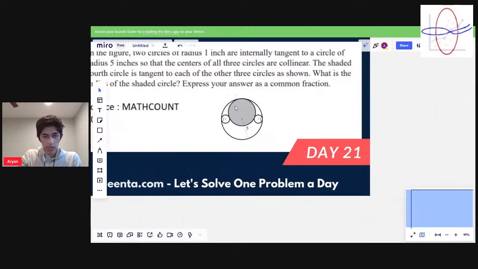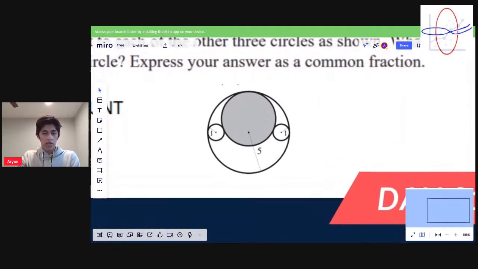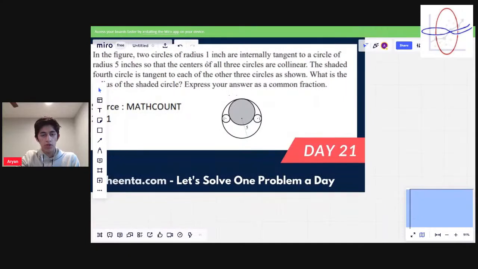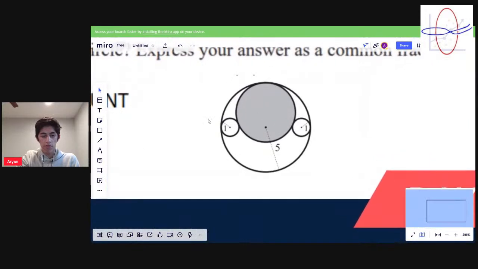So let's zoom into this picture a little. If we start with the first thing they tell us, the two circles of radius 1 are internally tangent to the big circle of radius 5, as we can see. And it says all centers of the three circles are collinear. So let's make sure we don't forget this by drawing a straight line through the three centers.